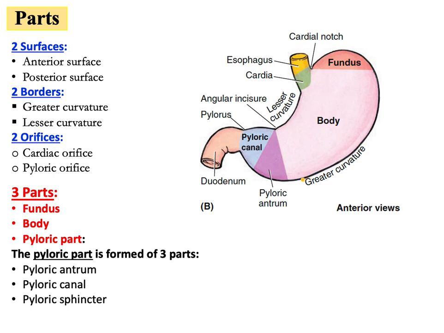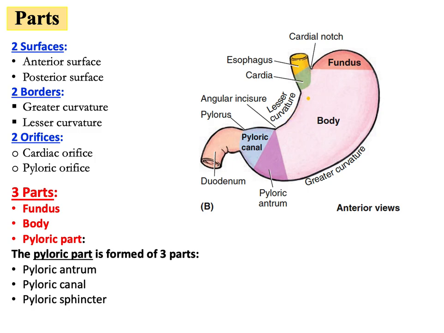But when you look at the stomach, to facilitate studying it, we can divide it into 3 parts: fundus, body, and pyloric part. Also, you see we have 2 borders. You have the left border represented by the greater curvature, and you have the right border, or we can call it the lesser curvature.